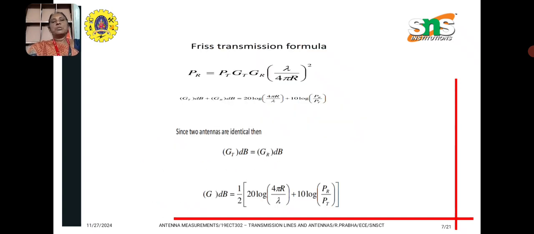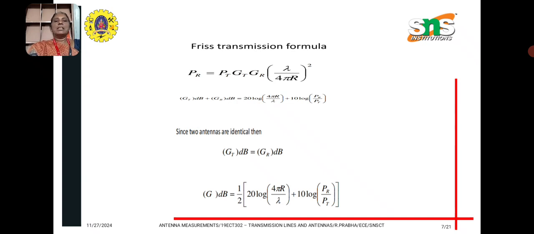In the gain measurement, a very famous formula, the Friis transmission formula, is used. According to this formula, the received power PR is equal to PT GT GR times lambda by 4 pi R, the whole squared.